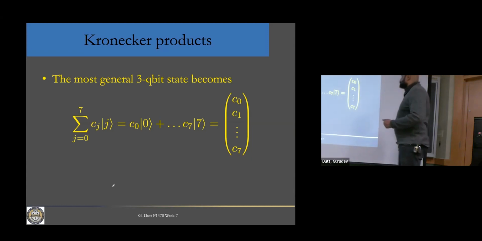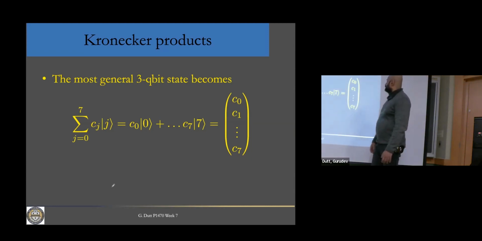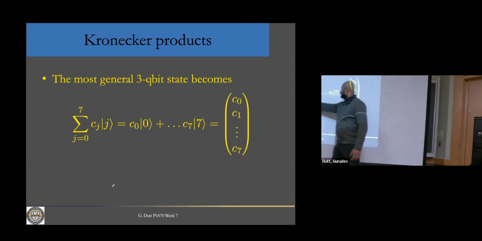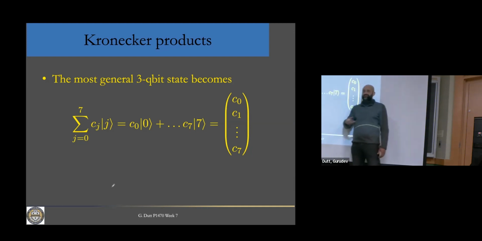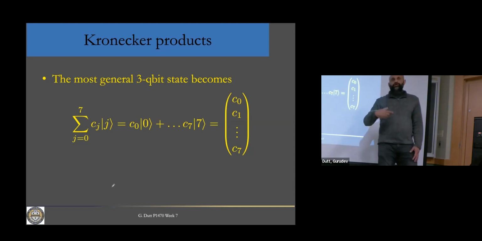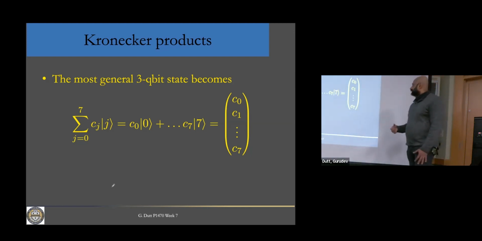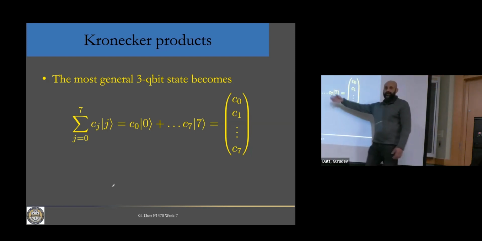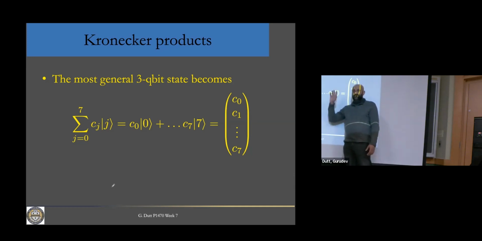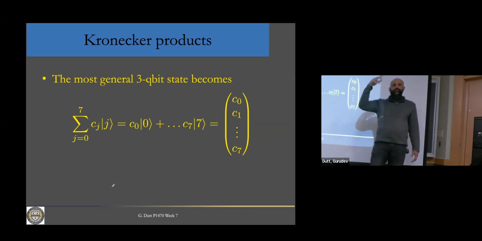And so I just wrote down the most general 3-qubit state. As we just introduced, the most general 3-qubit state is the sum over j equal to 0 to 7 of Cj ket j, where this 0 through 7 represents the 3-bit string, 0, 0, 0 up to 1, 1, 1. Okay. And then again, by the same idea, if you find the linear algebra equivalent, now I have to take the tensor of 1, 0, tensor 1, 0, tensor 1, 0, right?